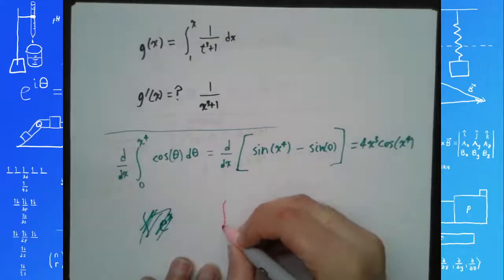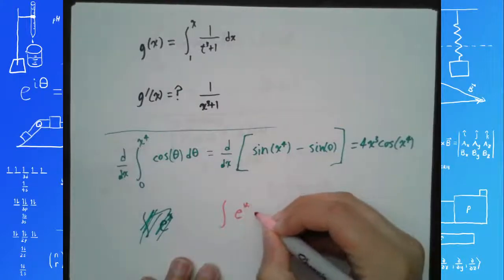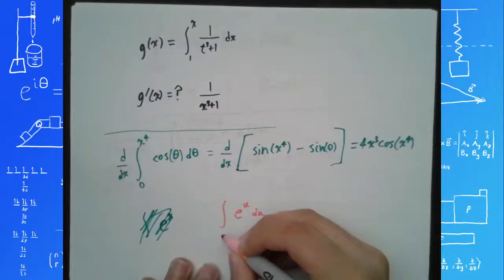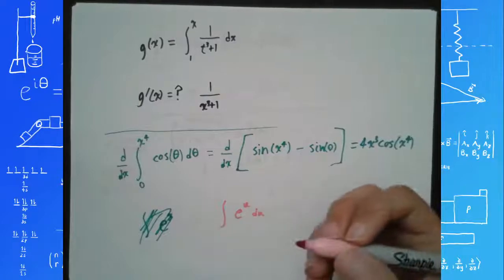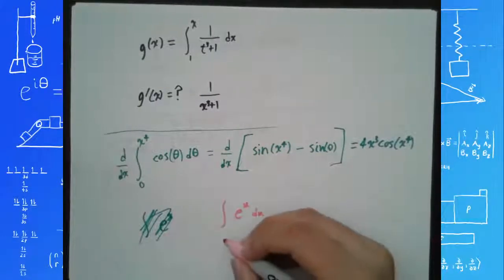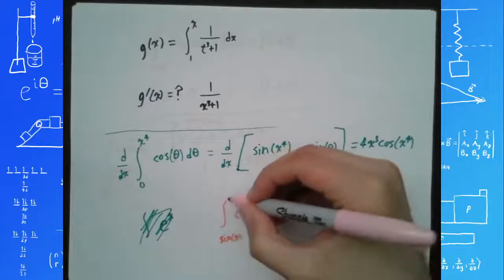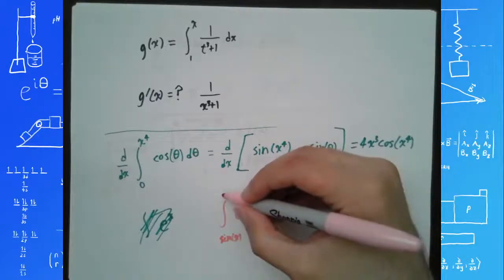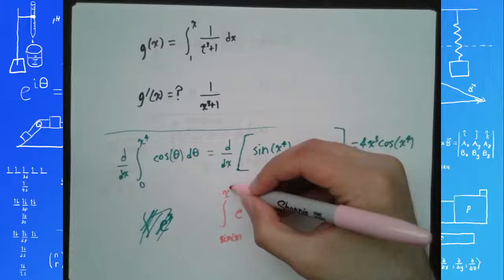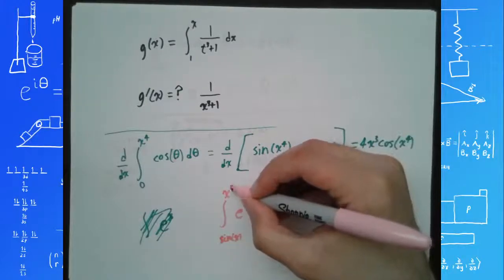So let's do the integral of e to the u du from sine of x to x to the 5th power.